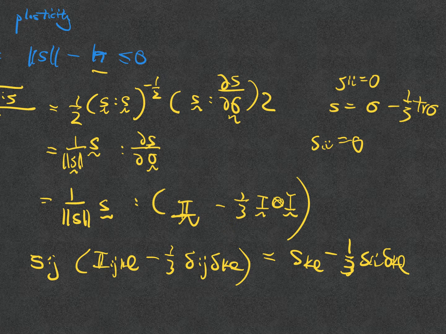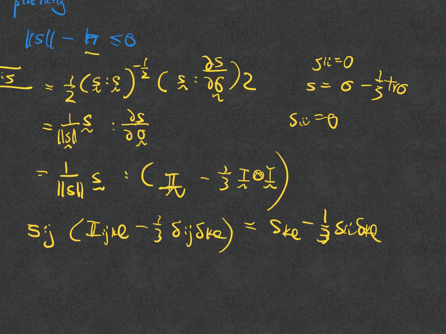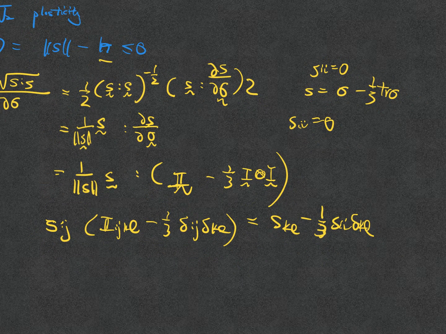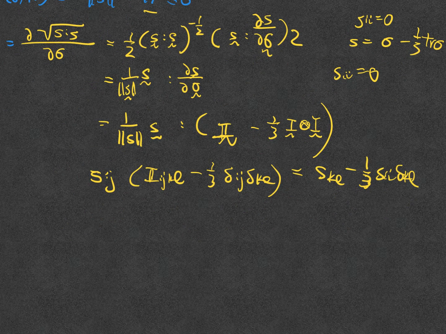So anything from the trace is already taken out from S. If you sum the diagonal terms of the deviatoric stress, it has to be equal to 0. If not, that means you haven't taken out all the mean stress, right? Does that make sense? Okay, so this term cancels out because it is equal to 0.